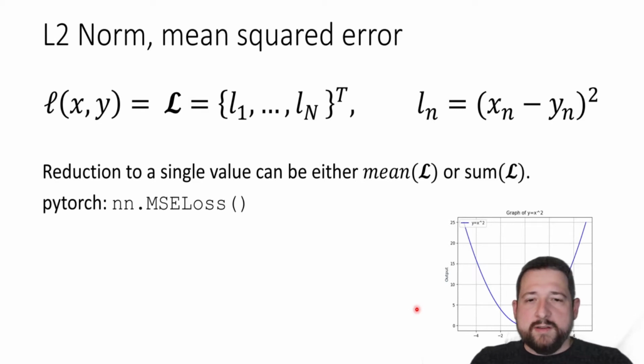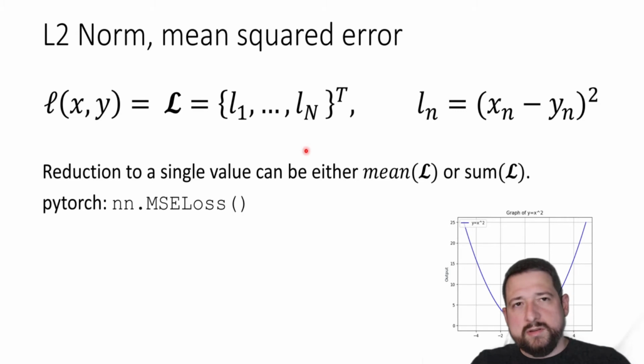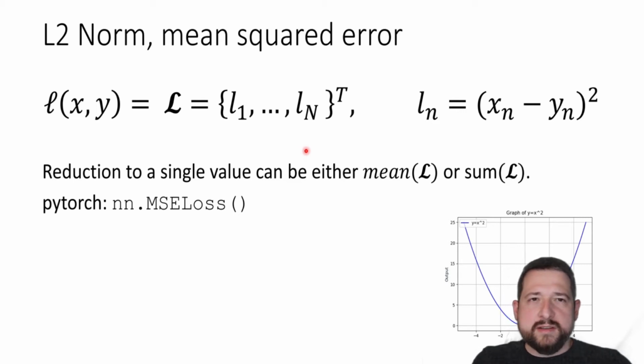For example, if you have a mini batch of inputs, so several samples which you pass through the network at once, of course you get as many losses as there are samples in your mini batch, and there you have to decide how you deal with those. They can be reduced to a single value, so you can either use something like a sum or a mean to represent the overall error of your network.